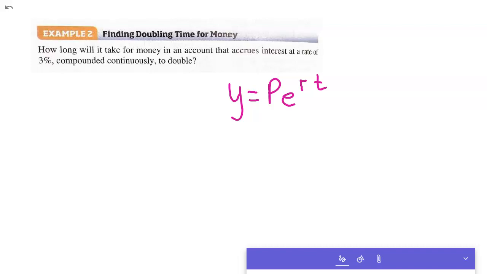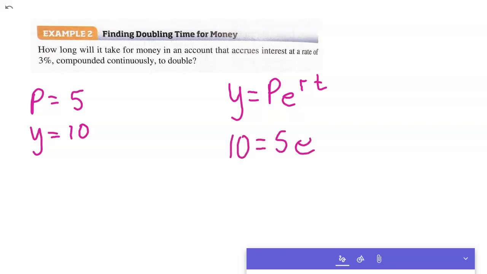But the thing is you would just assume that P is some number. It could be 5, who knows. We're going to start with $5. If it grows at 3%, when will it be $10 is what it's really asking. And so you'd go 10 equals 5e to the 0.03t.